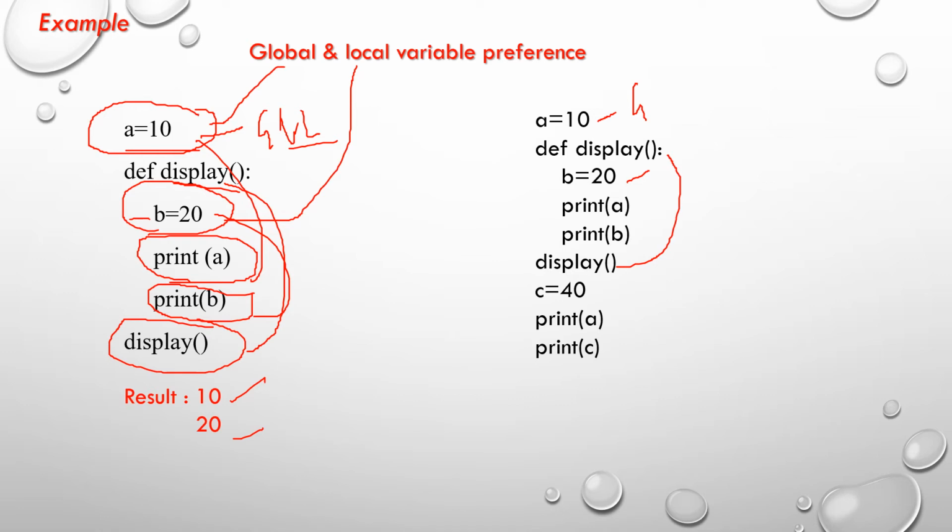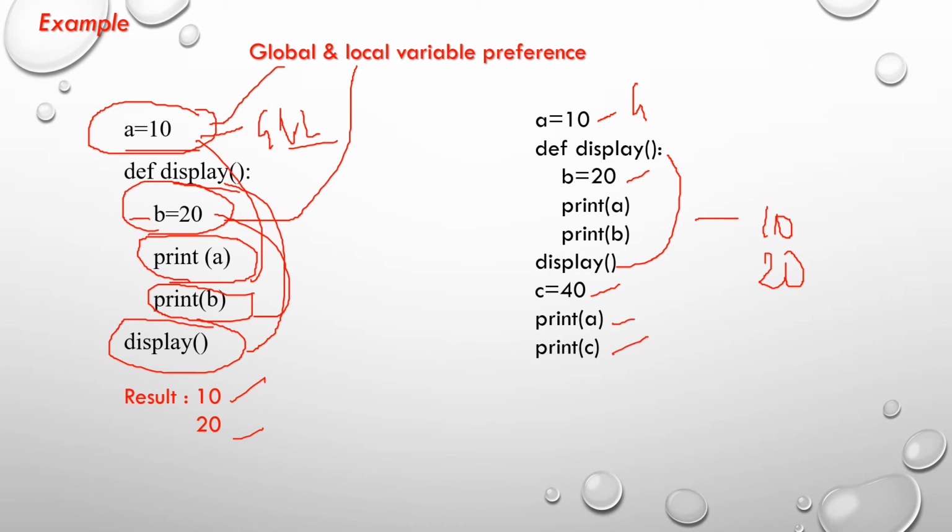The result of this is that it prints 10 and 20. Here we declare c is equal to 40, we assign 40 to c, and again we are going to print a and c.